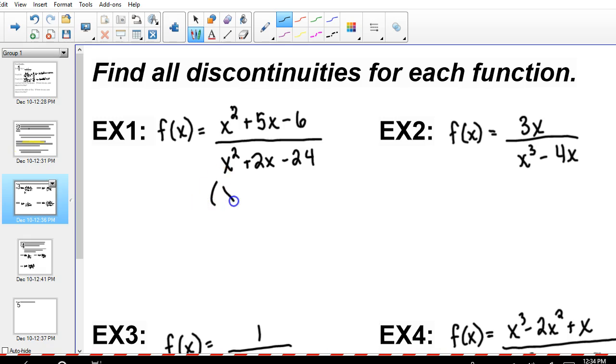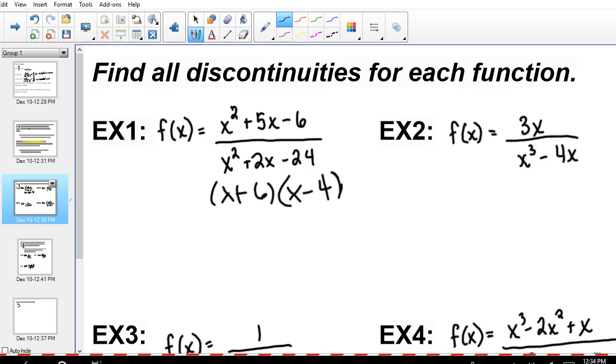So in this case, it's going to be x plus 6 and x minus 4, since 6 and 4 work.